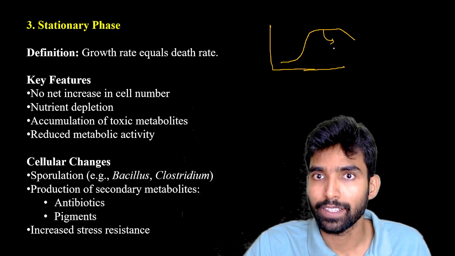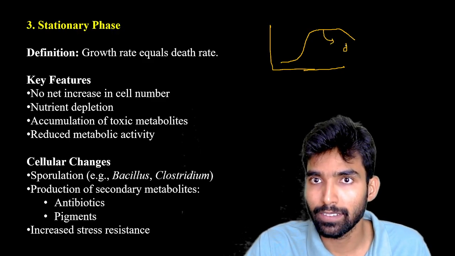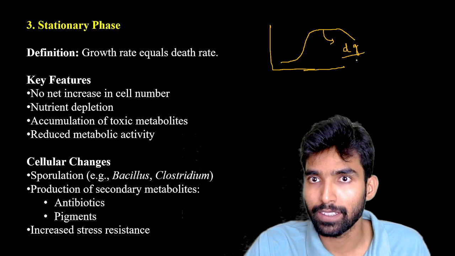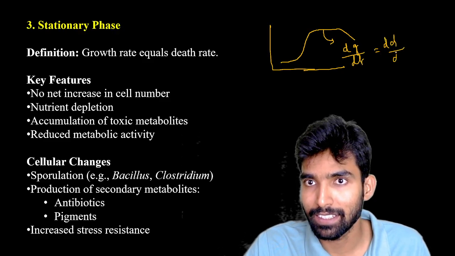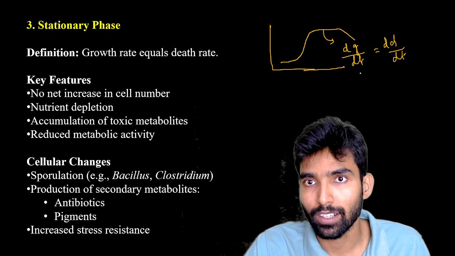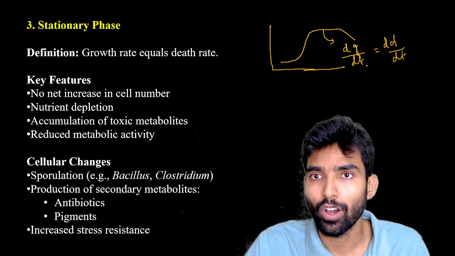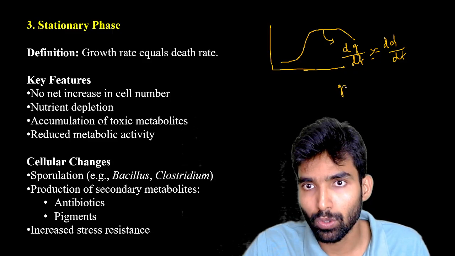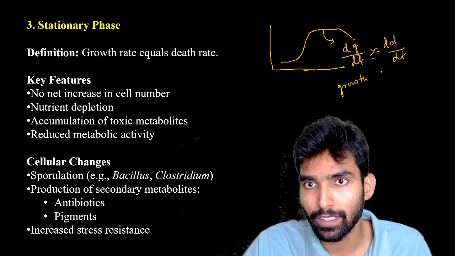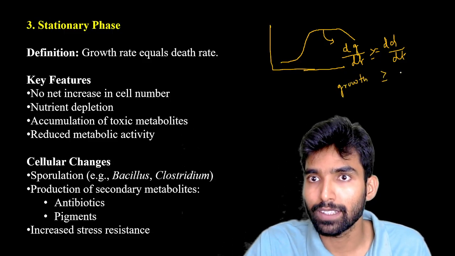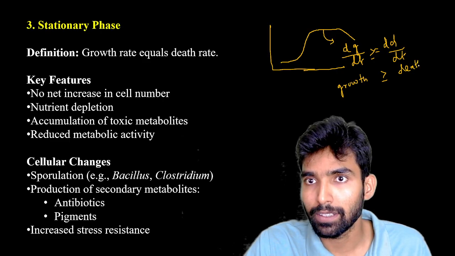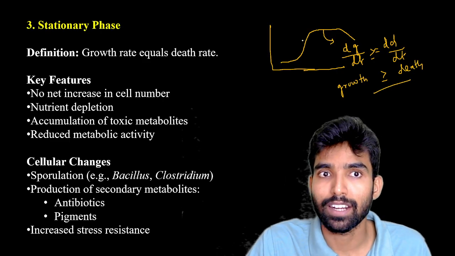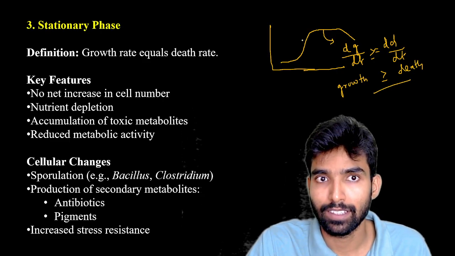Here, growth, that means dg/dt equals death rate dd/dt. You can consider growth to be a little bit more than the death, because competition has already started in the stationary phase, right?